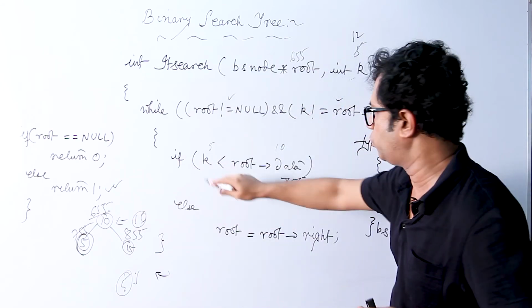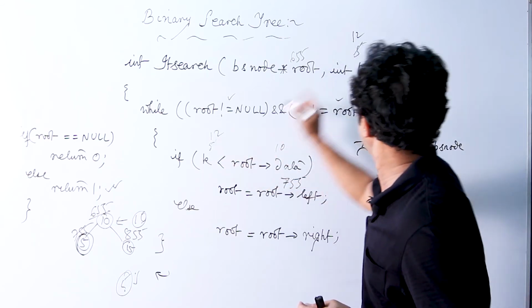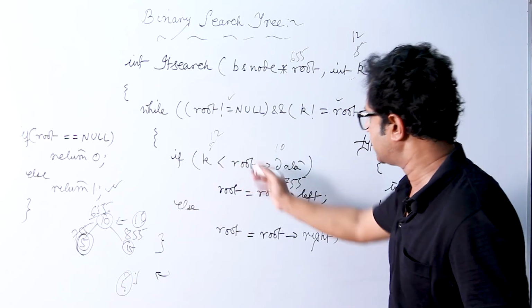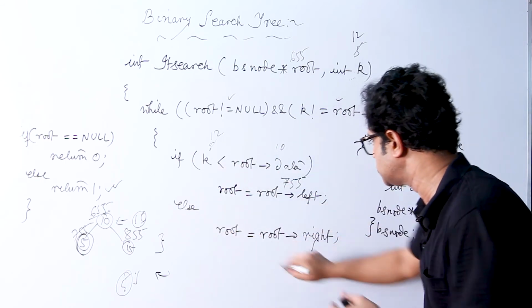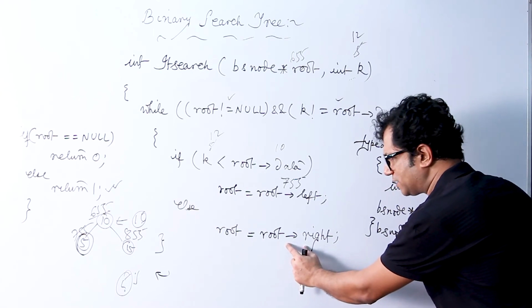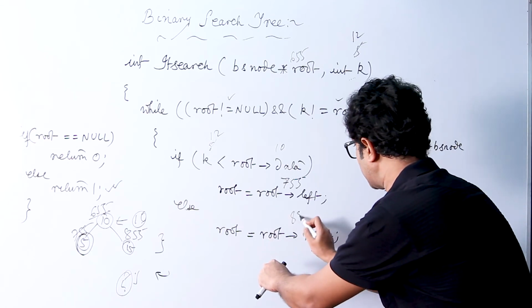We enter the while loop. We see if k is less than root data. K is now not 5, it is 12. 12 is not less than root data, it is greater than the root data. Then we come to this else portion, root is equal to root right. We set the root to be the address of the root right, that is 855. So the root is now becoming 855.